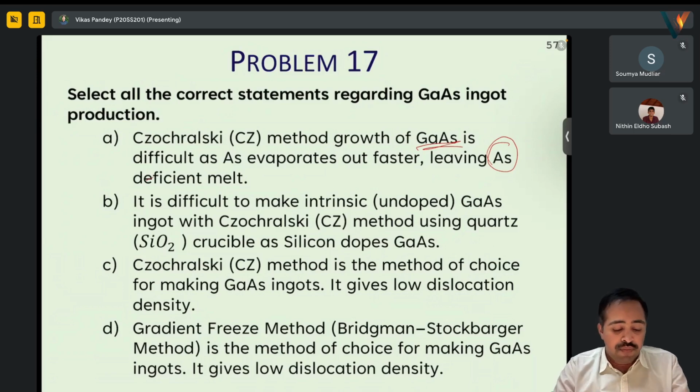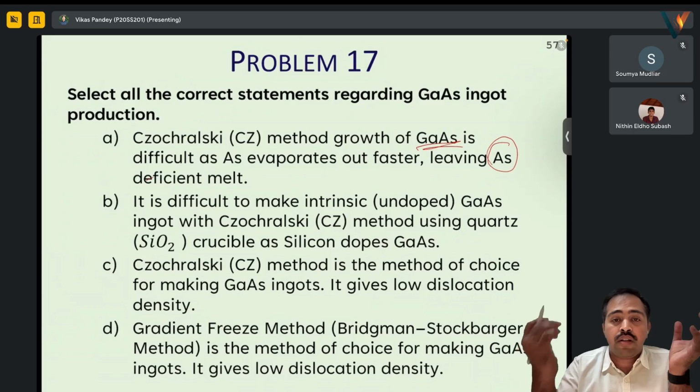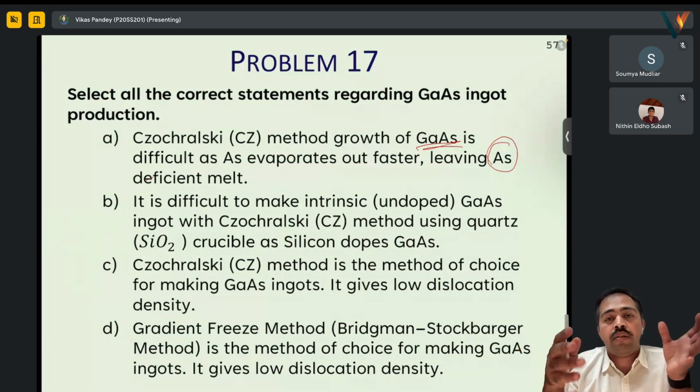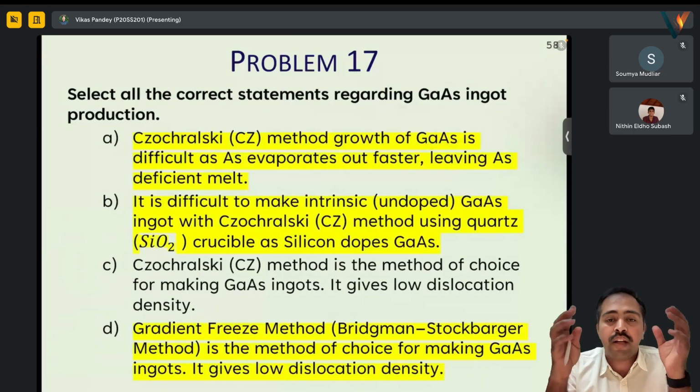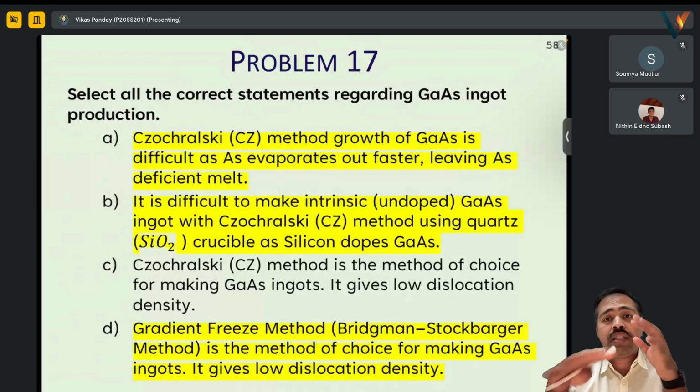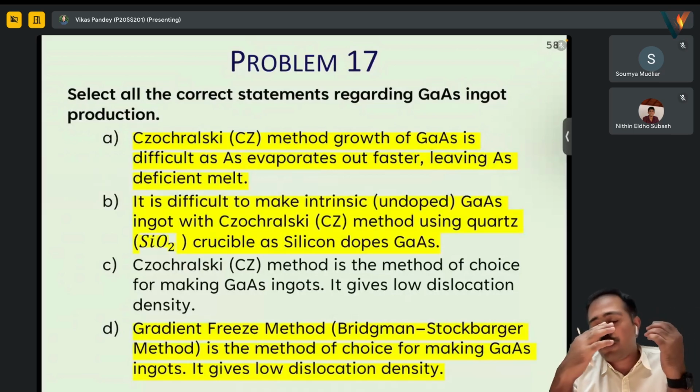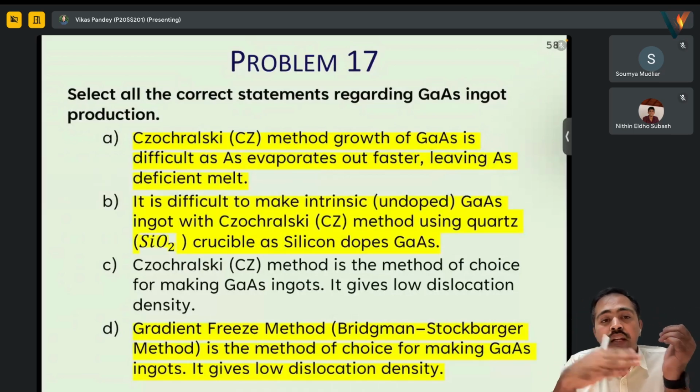So these three are correct. The first one is correct, D is correct, and B is also correct, as we are actually putting some materials to stabilize this, to not let the arsenic evaporate, okay?